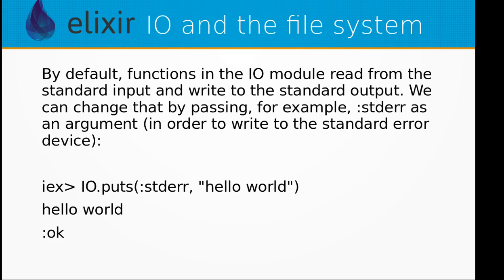By default, functions in the IO module read from the standard input and write to the standard output. We can change that by passing, for example, :stderr as an argument in order to write to the standard error device.